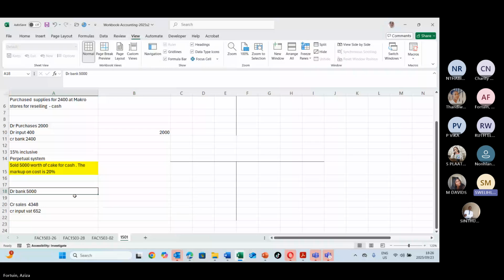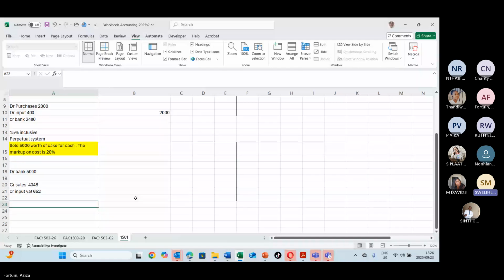Okay, now we're at that markup on cost of 20%. Let me quickly make a calculation. 4,348. Okay, I got the cost for the markup, but now I'm confused about where to put it.